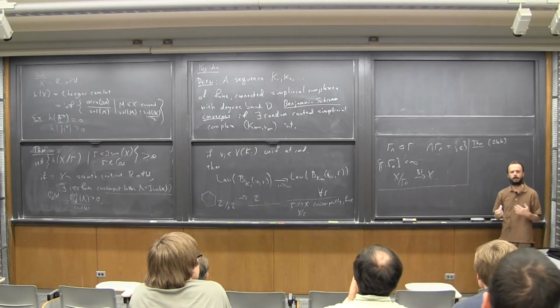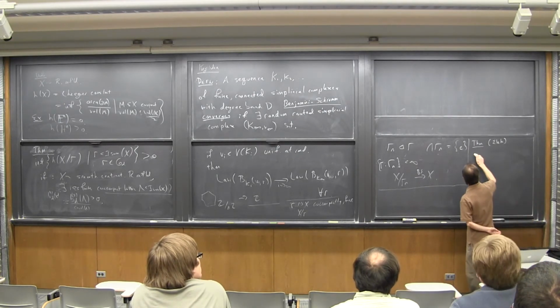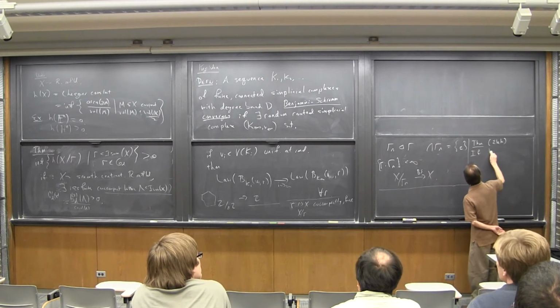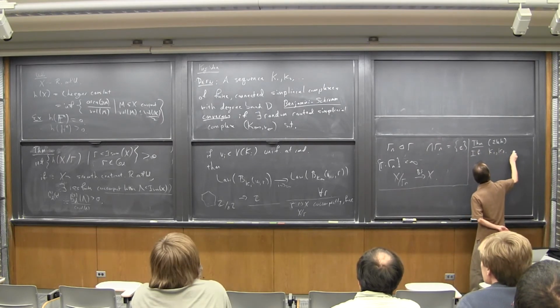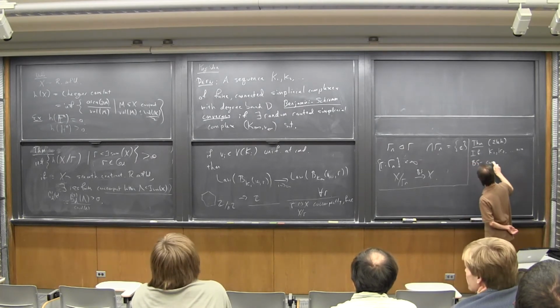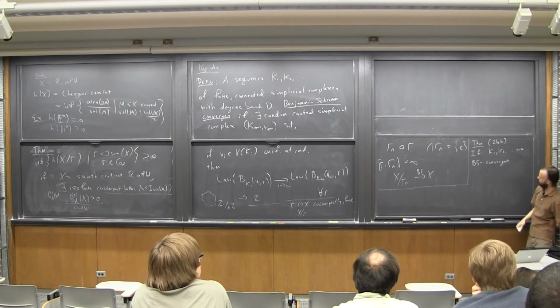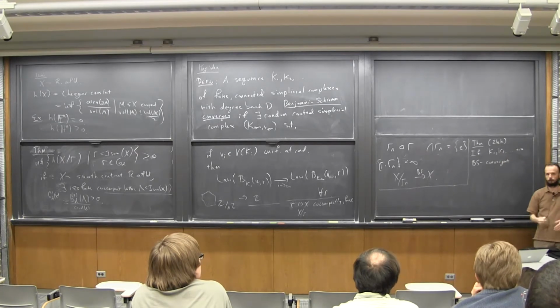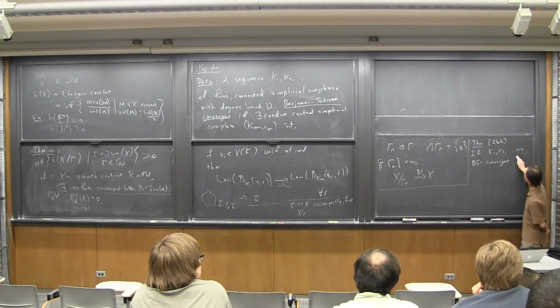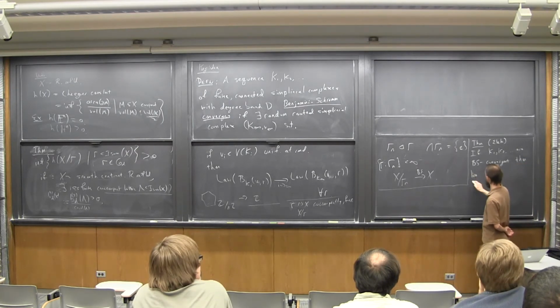This is the key lemma that makes everything work. If we have a sequence of finite simplicial complexes that are Benjamini-Schramm convergent, then the following limit exists.